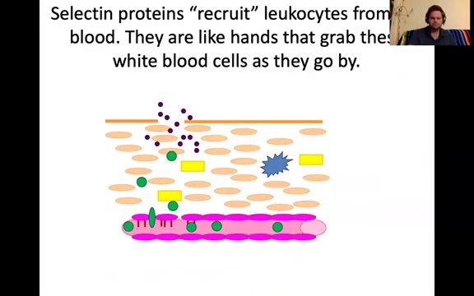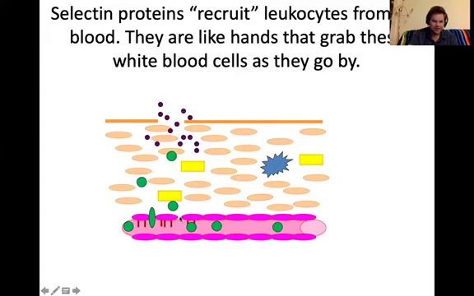Okay, so we're going to focus right here now. Because the histamine has bound to the blood vessel cell, the blood vessel cell now makes a new protein called selectin. What the selectin does is it recruits leukocytes to the site. The leukocytes are white blood cells that travel through your blood. Selectins basically act like hands, right? They grab one of them and say, hey, come right here.